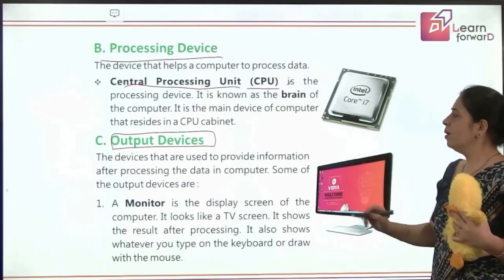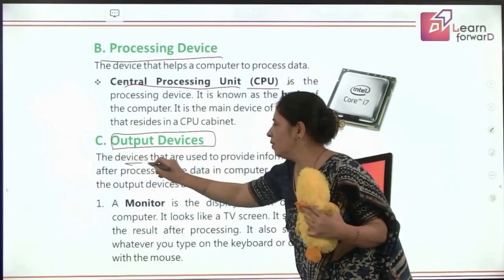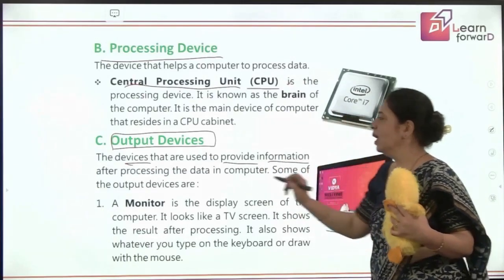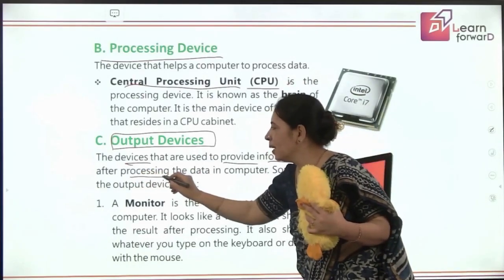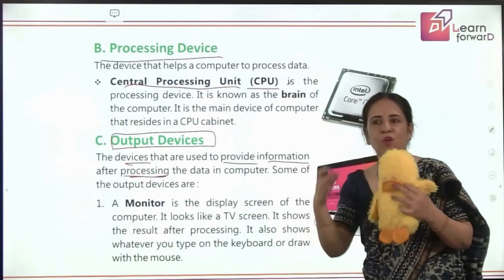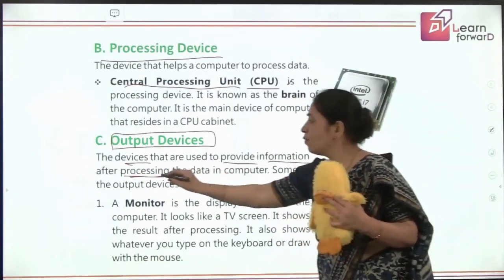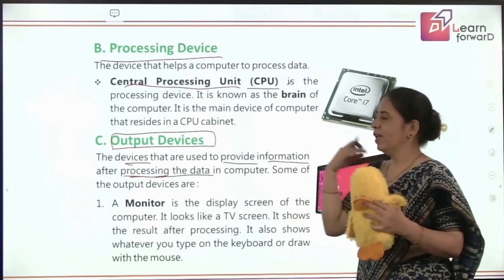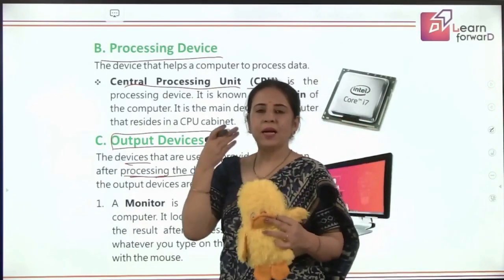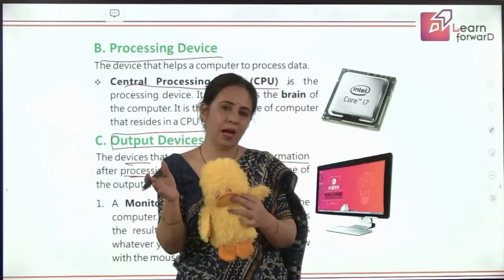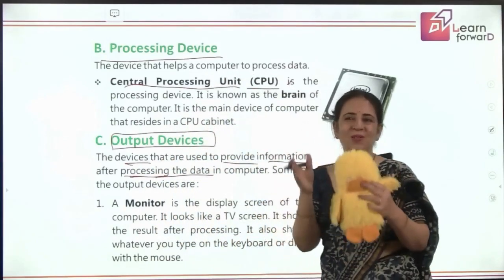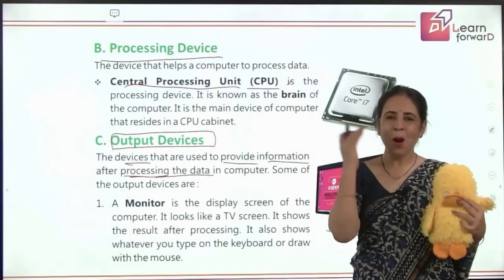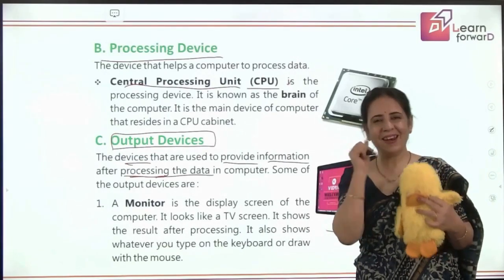So here we say that all the devices which are used to provide information after processing. Processing means doing work on that data. So after processing the data in the computer, we get the final output. So that is, whenever the processing is done, the output goes to the output device. Correct? Nod your head. Great.